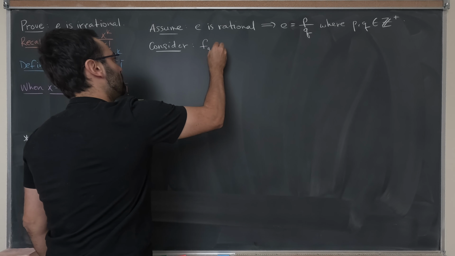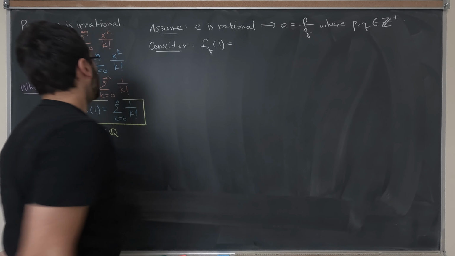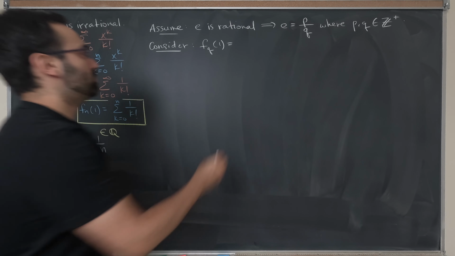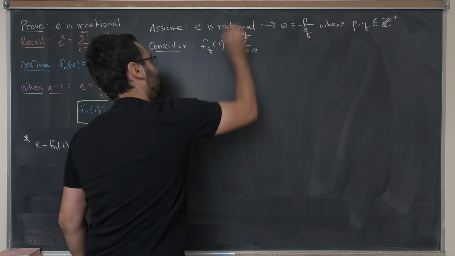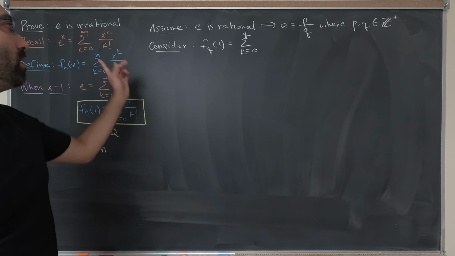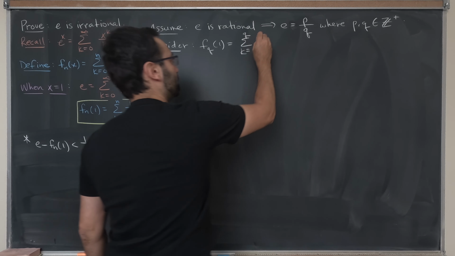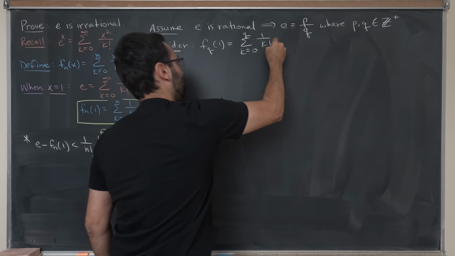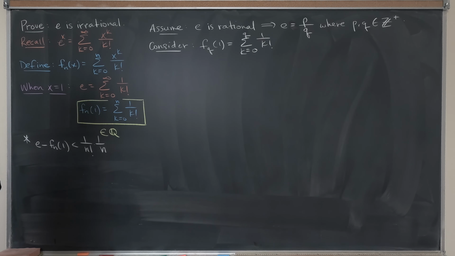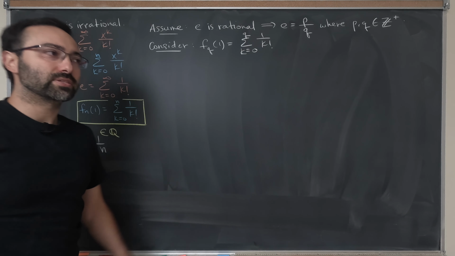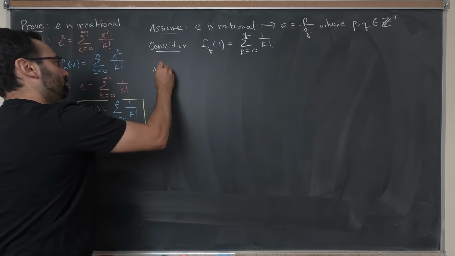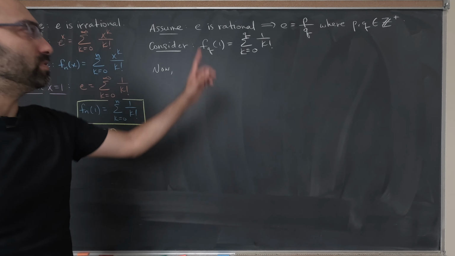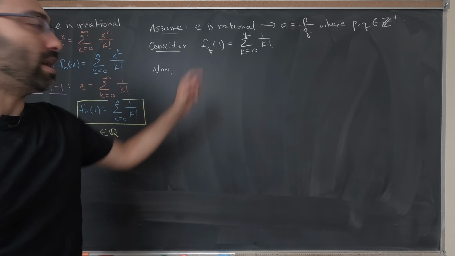So f sub q of 1 is going to be the sum from k equals 0 to q of 1 over k factorial. Now, having done this, again, let's go back to looking at the difference e minus f sub q of 1.